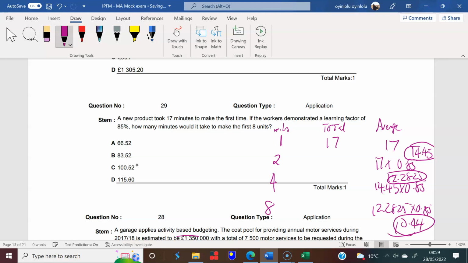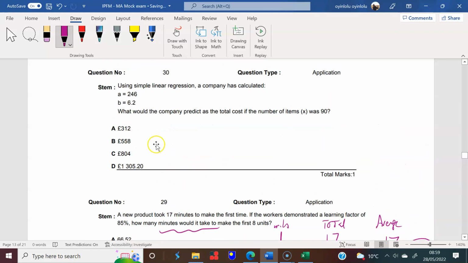This is the average time to make each of those units. The question asks how many minutes it would take to make the first 8 units, which is asking for the total time to make 8 units. So you have 10.44 times 8, and therefore 83.52 as your answer there.